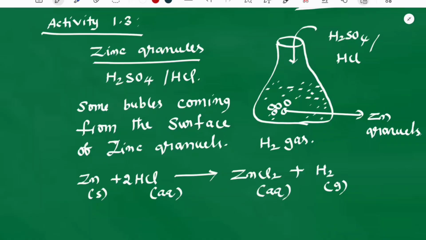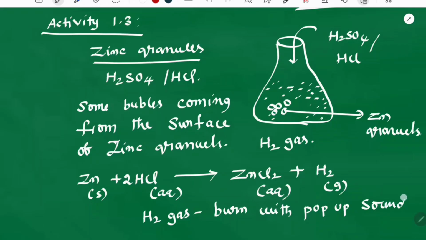It burns with a pop sound. That is how we confirm hydrogen gas: it burns with a pop sound. Is that clear? Do you have any doubt here?